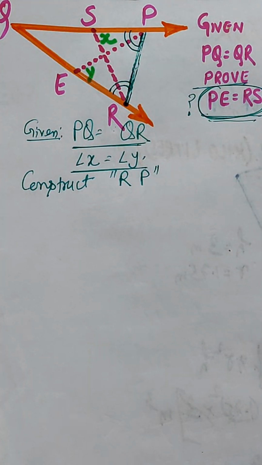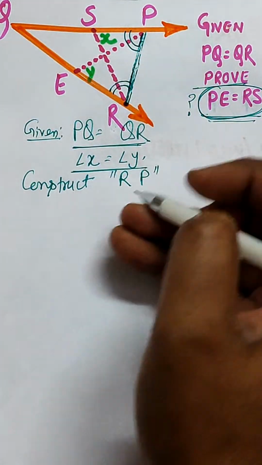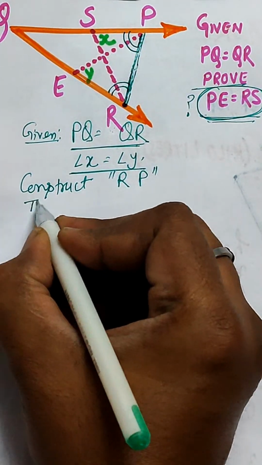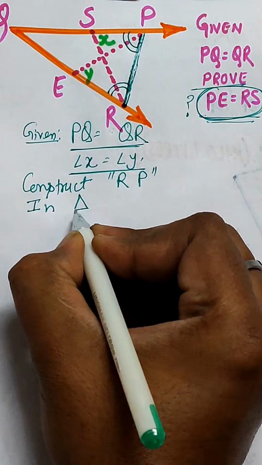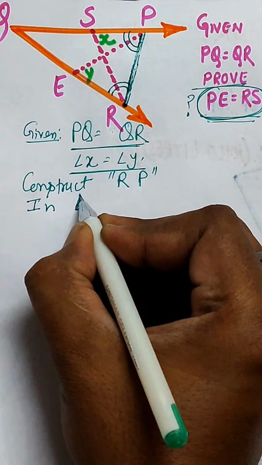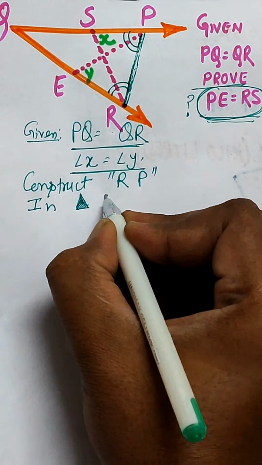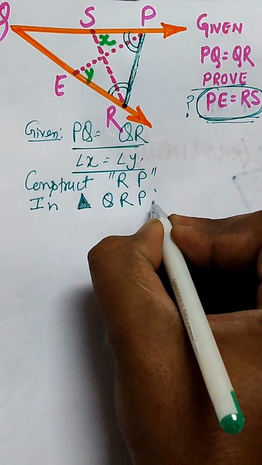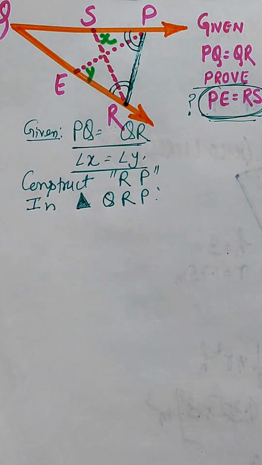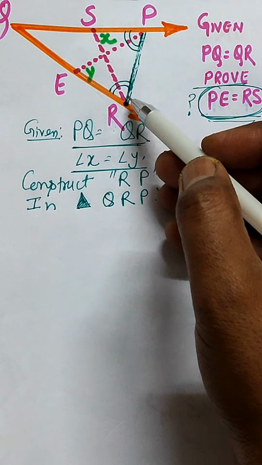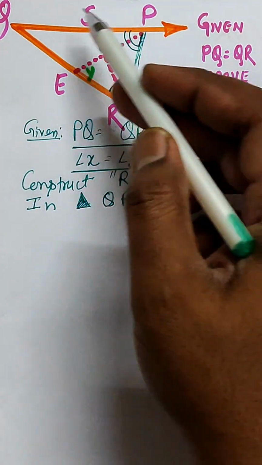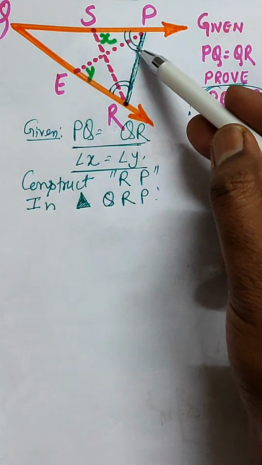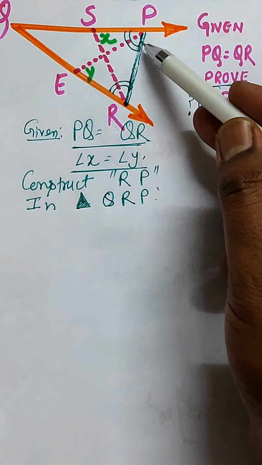So after the construction, we can say in the triangle QRP, angle QRP equal to angle QPR, which I have shown over here with two lines of green color.